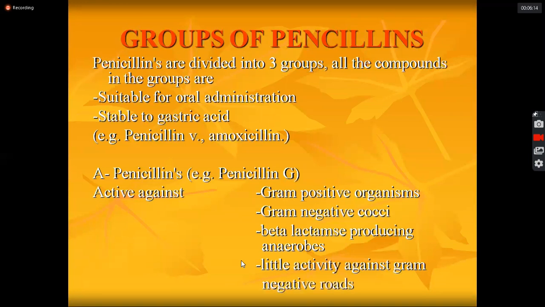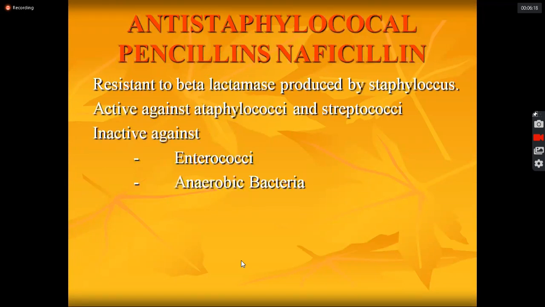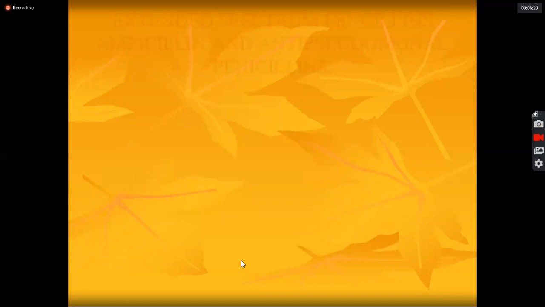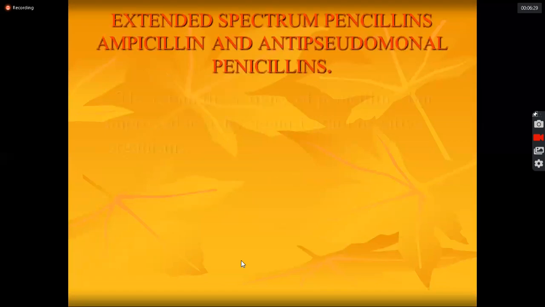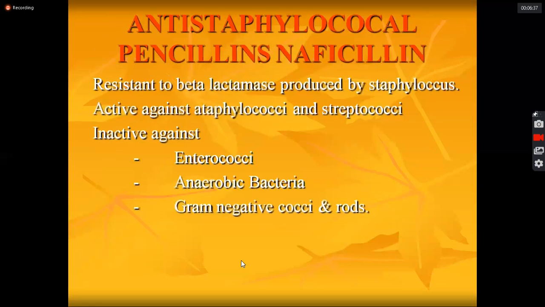Anti-staphylococcal penicillins, or nafcillin. Just wait, the slide is gone. So let's see the anti-staphylococcal penicillin. Most of the strains of staphylococcus produce enzymes which break down the beta-lactam ring, thereby rendering the penicillins inactive.